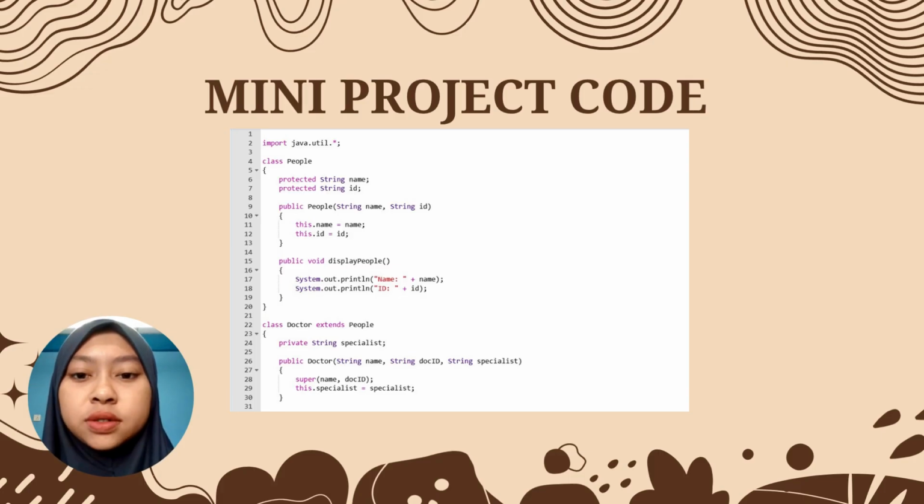For lines 10 to 13, the People constructor takes String name and String ID, assigning this.name = name and this.ID = ID. For explanation, this constructor is meant to initialize the inherited name and ID attributes when any object is instantiated.